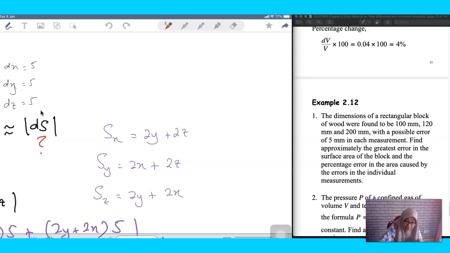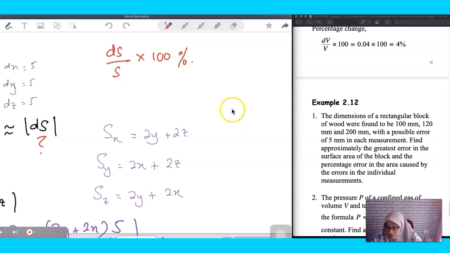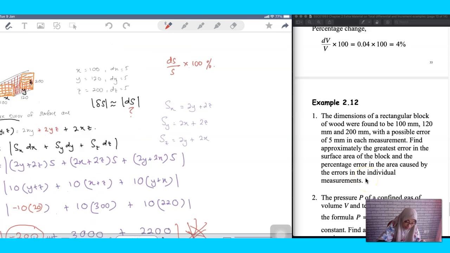So what is the formula for percentage error? It comes from the relative error: ds over s, multiplied by 100%. There is no statement about the maximum, just the percentage error. So that is our next task.